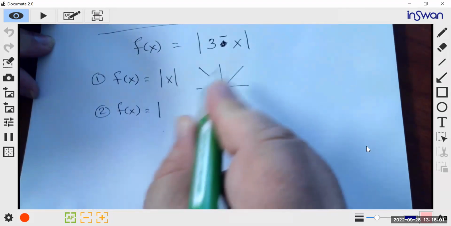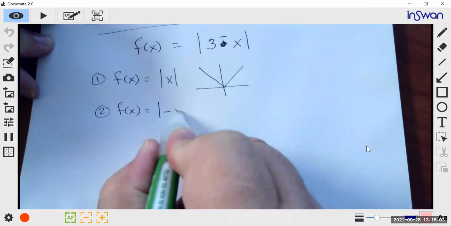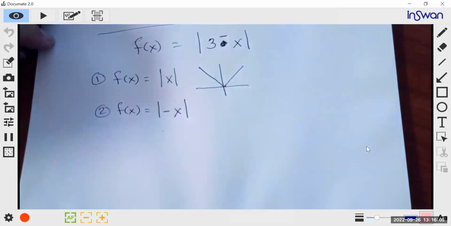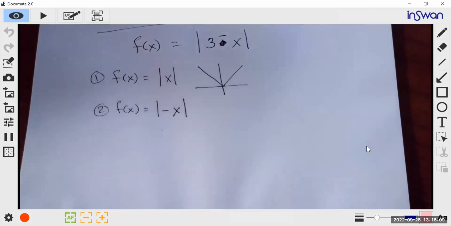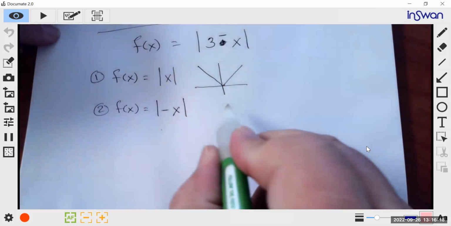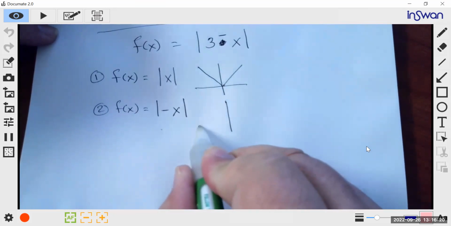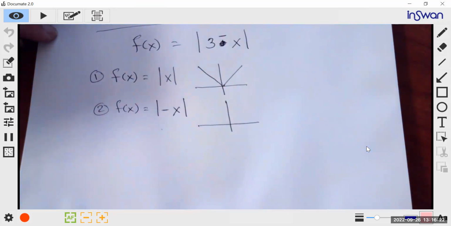The next change that happens inside of it is X becomes negative. Again, you have to start from the X and work your way out. So what happens to the graph? Flips where? Yeah.